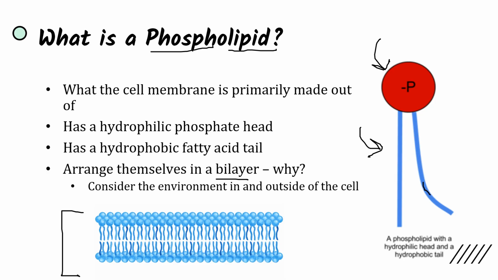So this could be the outside of the cell, and this could be the inside of the cell. But either way, the hydrophilic heads are going to be facing out towards that, while the fatty acid tails are going to be facing inside, away from the water. And that's why these phospholipids become arranged in a phospholipid bilayer.